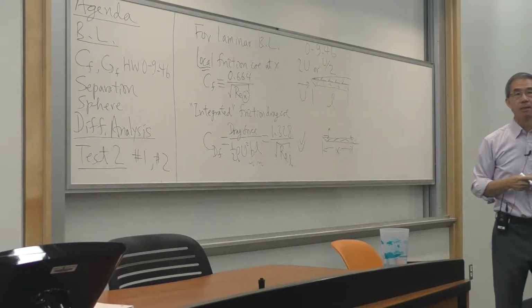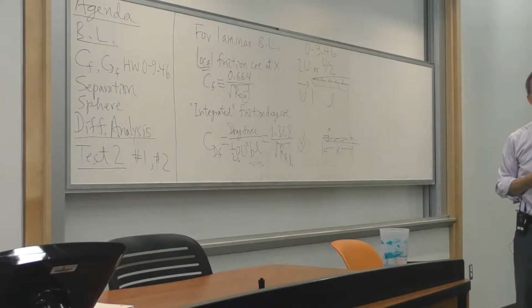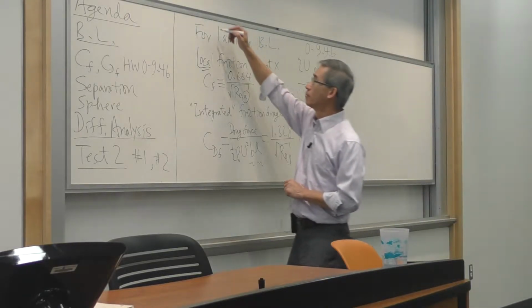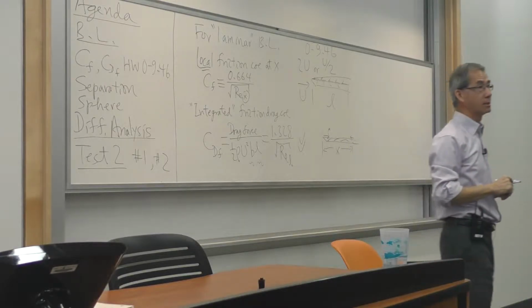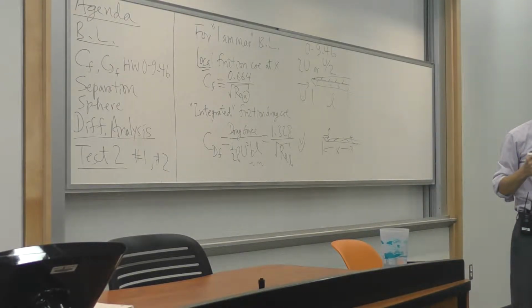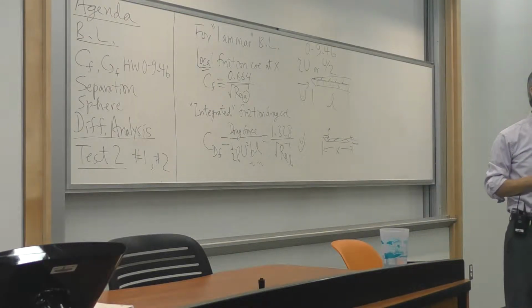Yes? And that's only if the entire boundary layer flow is laminar? Always. Very important. Laminar flow. That is the only way we can nicely solve that equation of viscous flow. Turbulent is far more complicated, and all the turbulent analysis by and large is experimentally based.